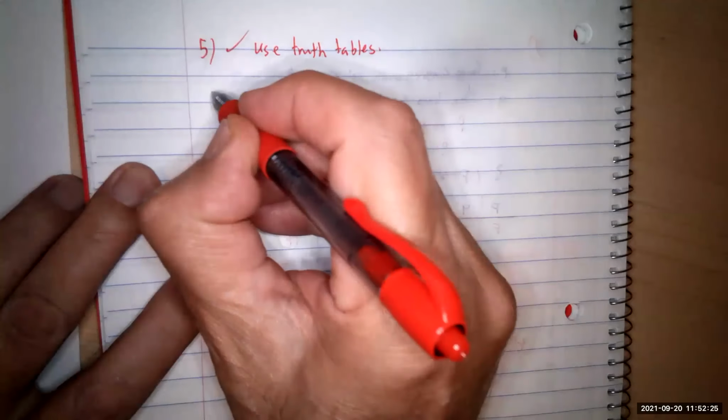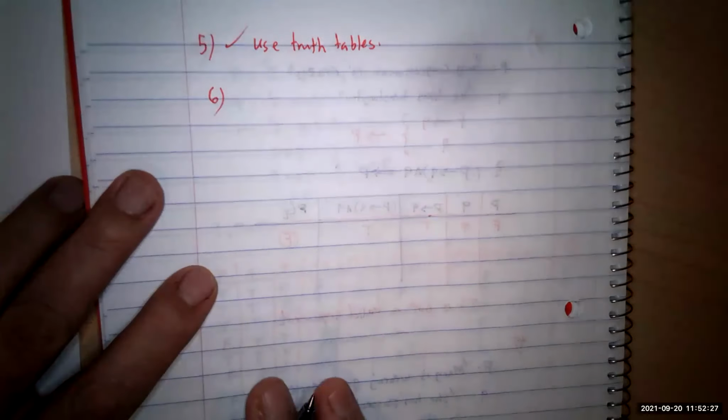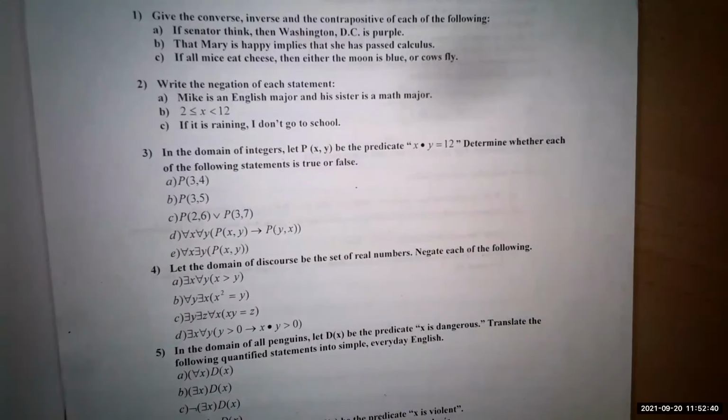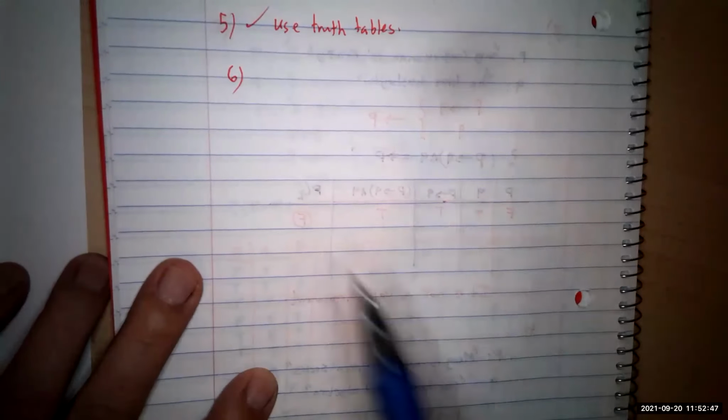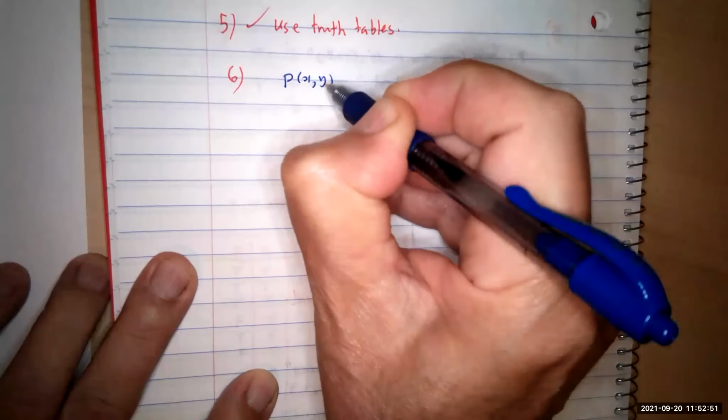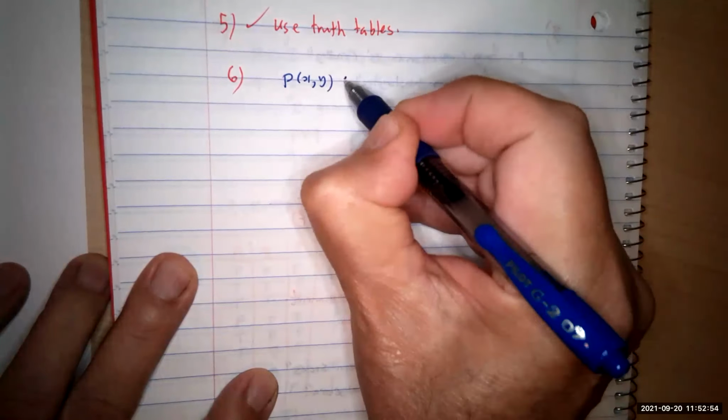Okay, so we go with number 6. Number 6 is a function type. I'm going to write it down. The statement given is x times y equal to 12, and then there are some questions. So the statement is P of x, y, that's a predicate, not just a statement.